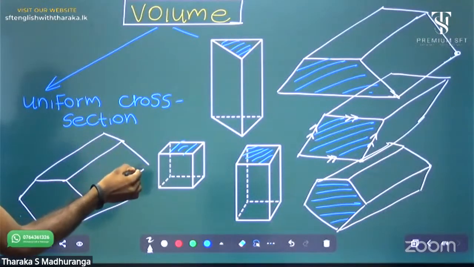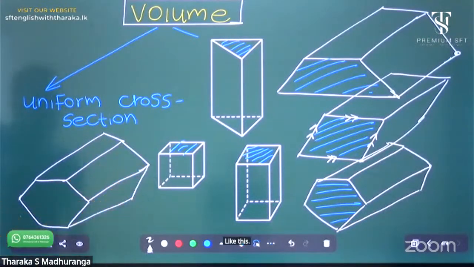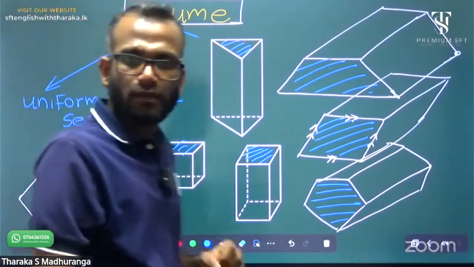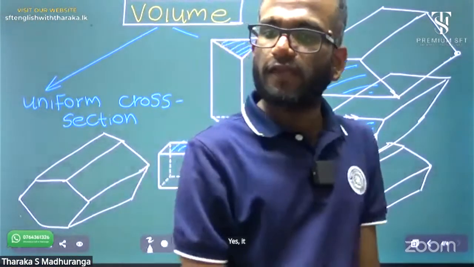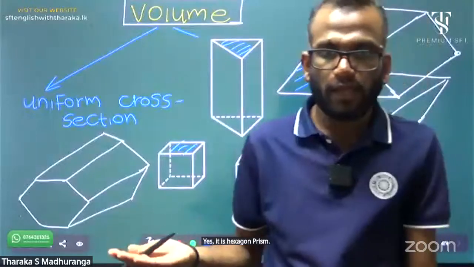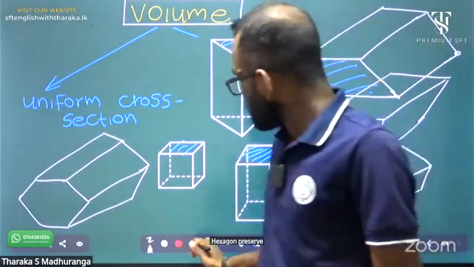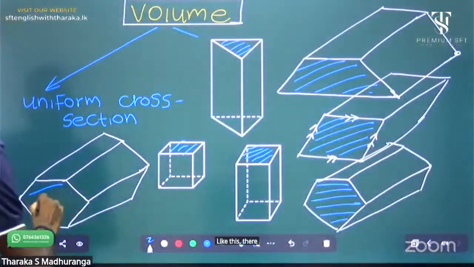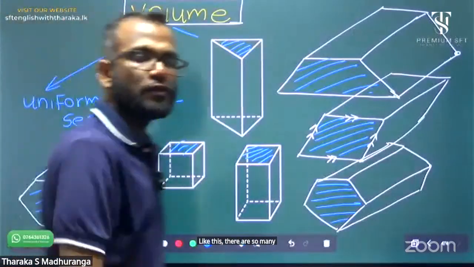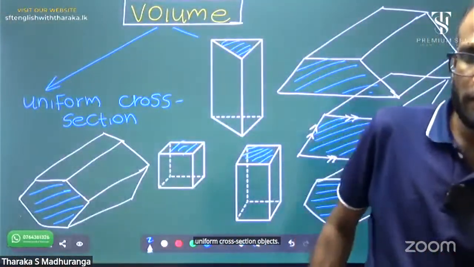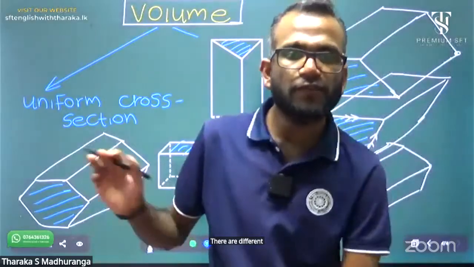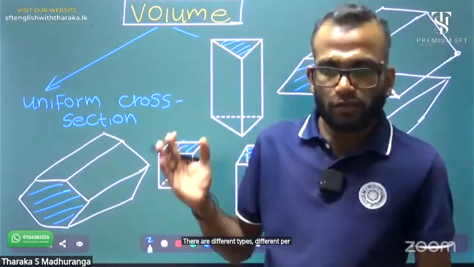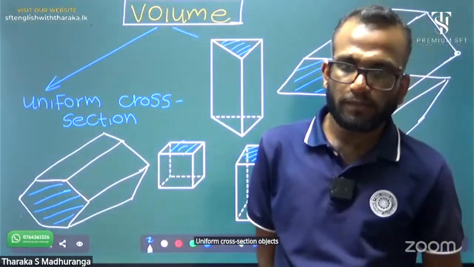Yes, it is a hexagon prism. Remember, like this, there are so many uniform cross-section objects, different types with different cross sections.